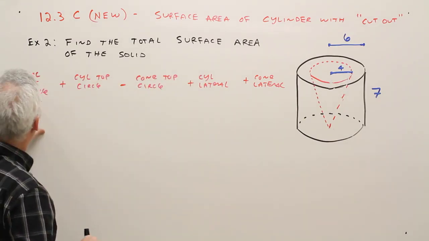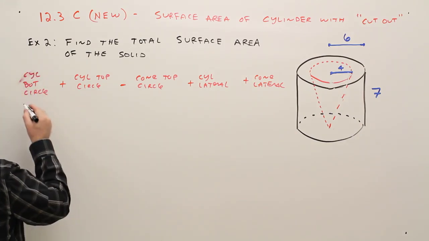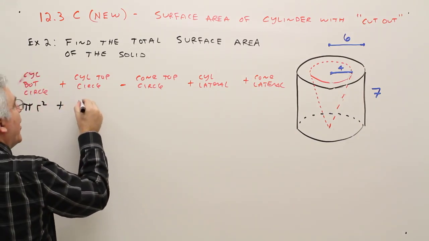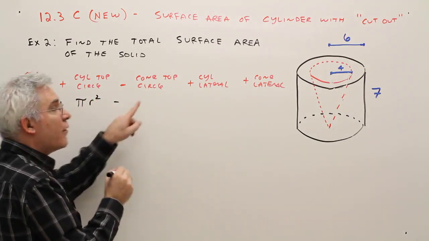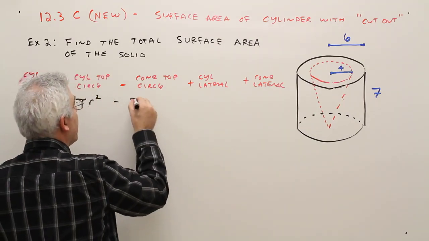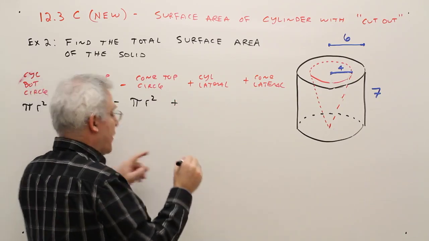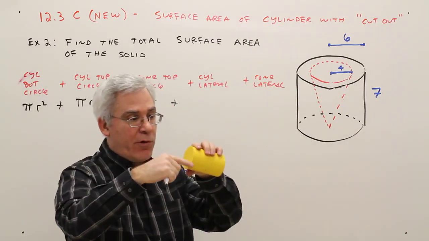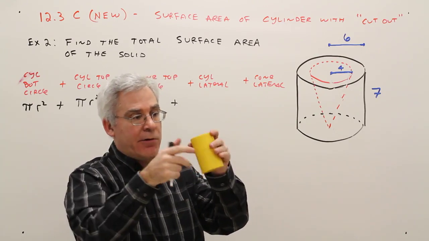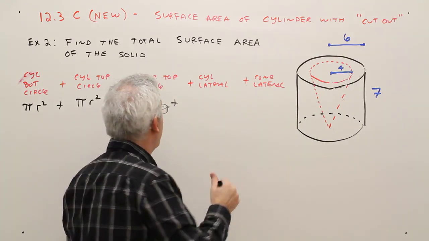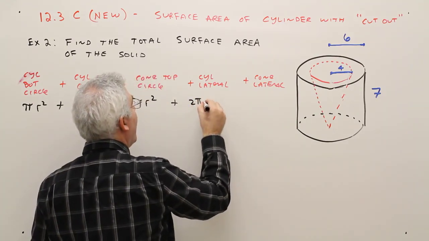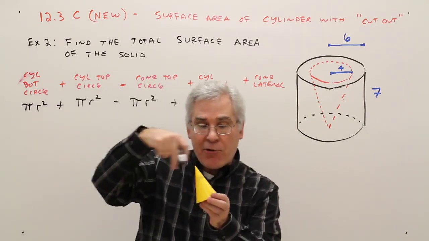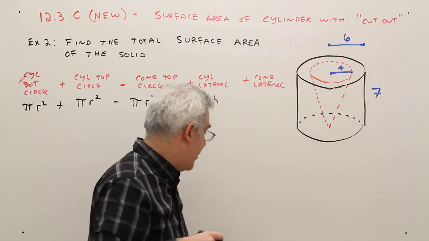So circle, pi r squared, circle, pi r squared, circle, pi r squared. Cylinder lateral, again that's going to be the perimeter, which is 2 pi r times the height, so plus 2 pi r h, and then the cone lateral, pi r l.